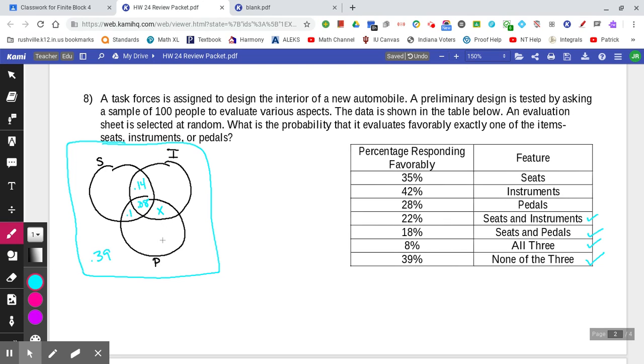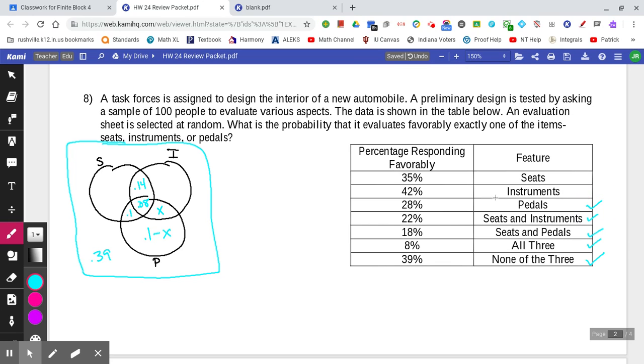That means that this total circle for P adds up to 0.28. So if I take 0.28 minus 0.1 minus 0.08, that's going to give me 0.1, and then I'll subtract whatever this value is if I was given this value.